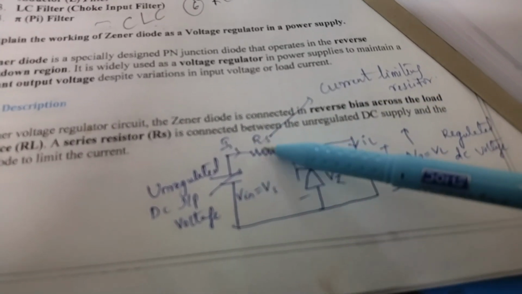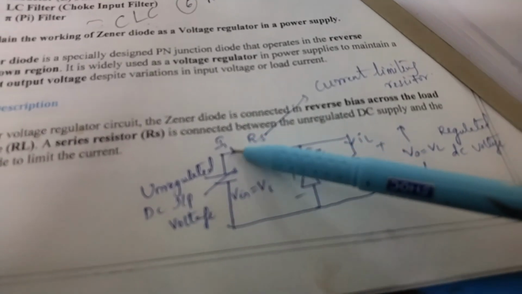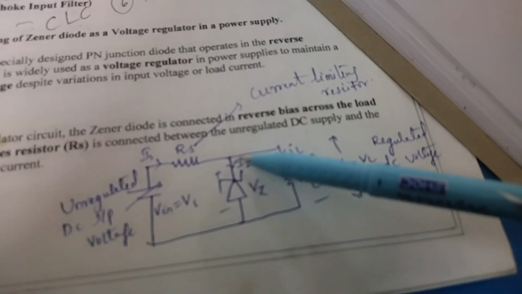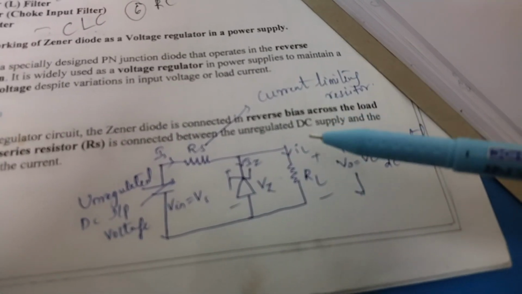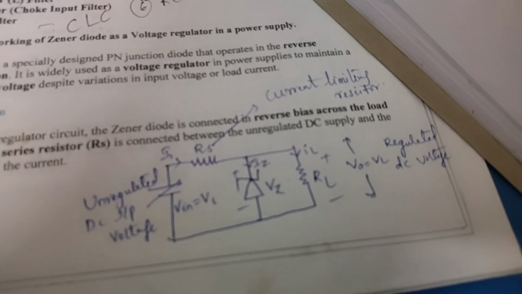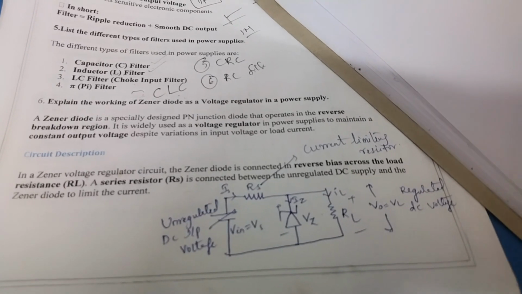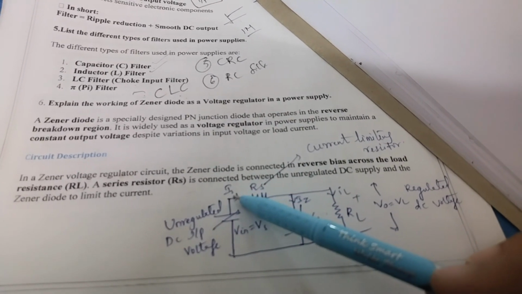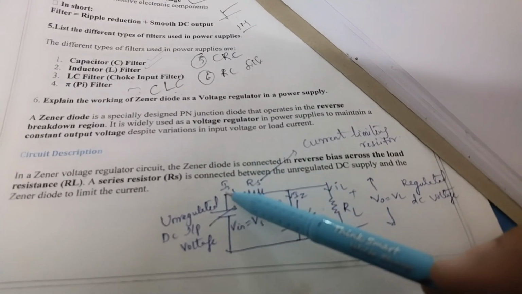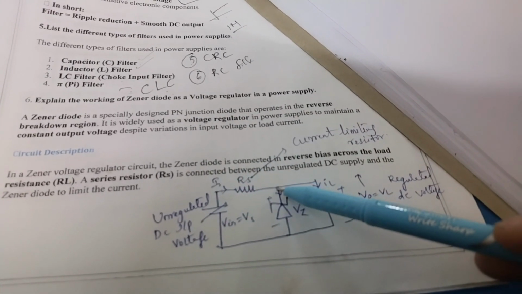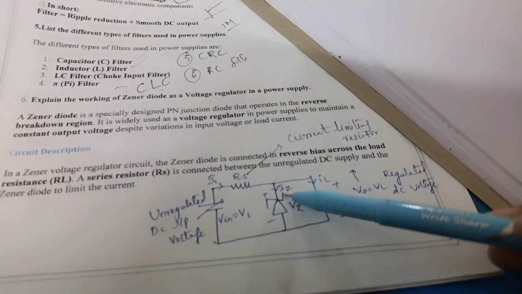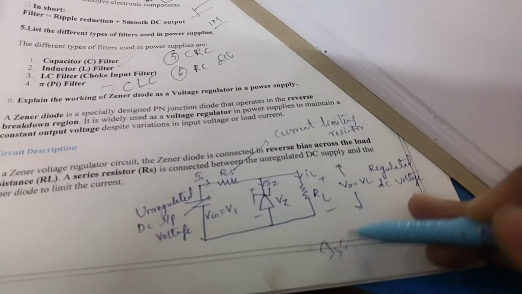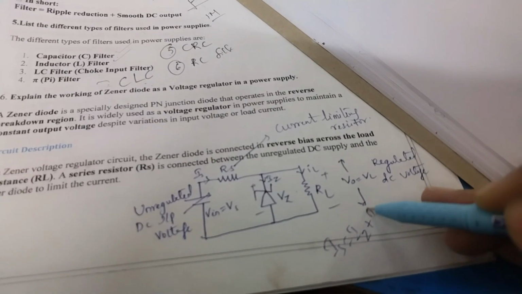The current flowing through the source resistance, or series resistance, is IS, the current flowing through the Zener diode is IZ, and the current flowing through the load resistor is IL. The source current IS, after coming to this node, gets divided into two branches, IZ and IL. So IS equals IZ plus IL.